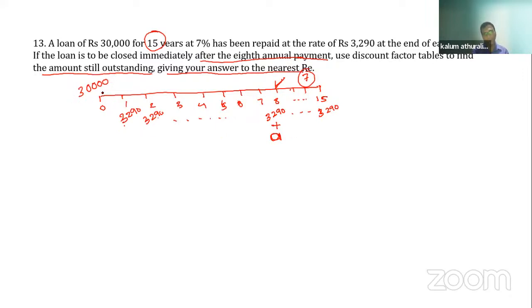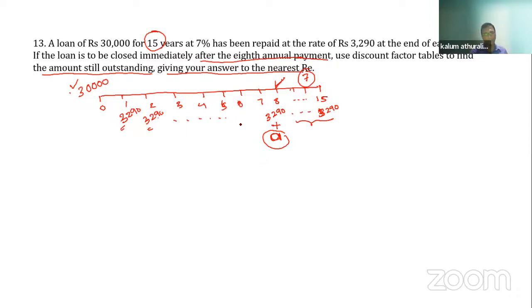The annual payment is 3,290. After paying the 8th annual payment, the loan amount is settled. He has 7 balance payments remaining. Instead of these, he has to pay some amount.